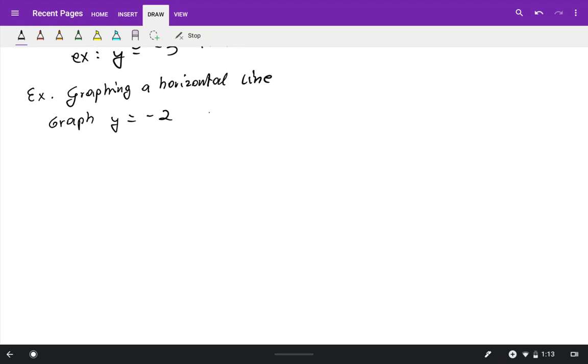So what do we know about a horizontal line? Again, that's the line which goes from left to right. That means it must cross the y-axis. So how are you going to graph it in this case?